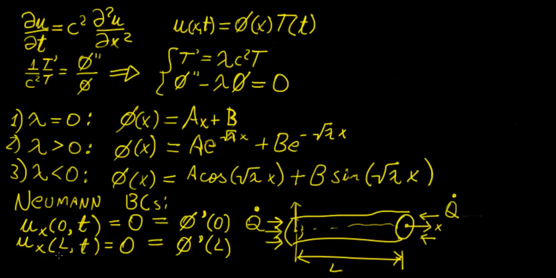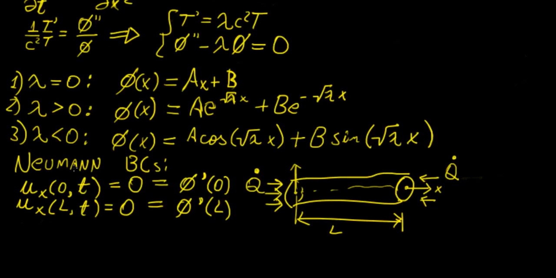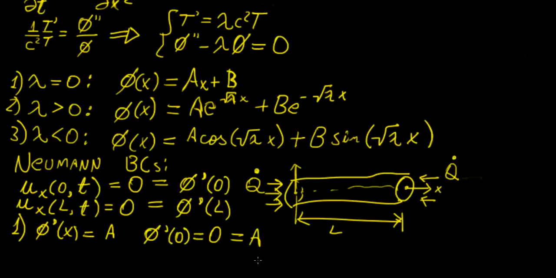It's pretty much like applying initial conditions to an ordinary differential equation, but here we have a lot more to work with. So let's get started and consider the first case. Let's take the derivative of X. In this case, it's just going to be A for this equation, and then 0 equals A. Now obviously that implies A is equal to 0, so this is just going to be 0 in both cases.